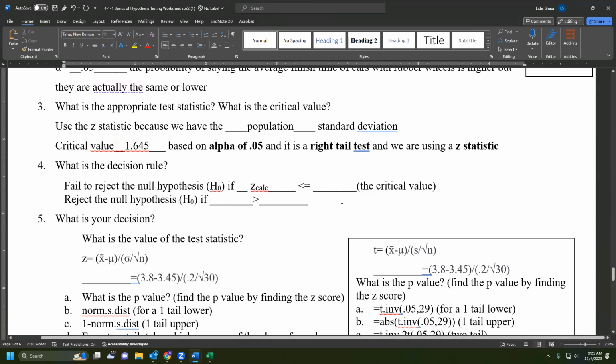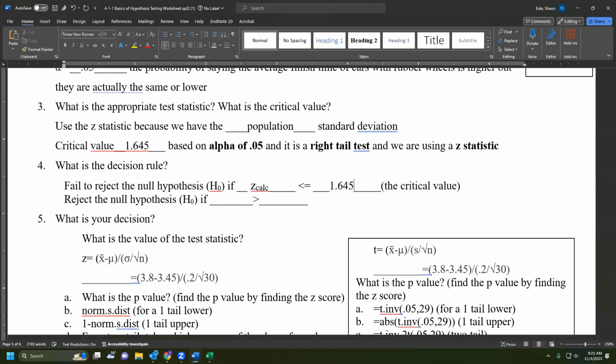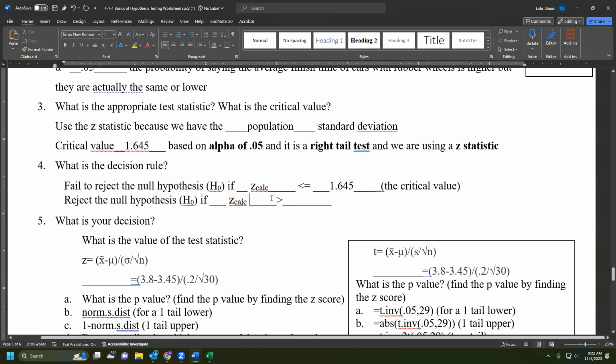Okay, if z calc is less than or equal to 1.645, we're going to fail to reject the null hypothesis. Similarly, if z calc is greater than 1.645, we're going to reject the null hypothesis.